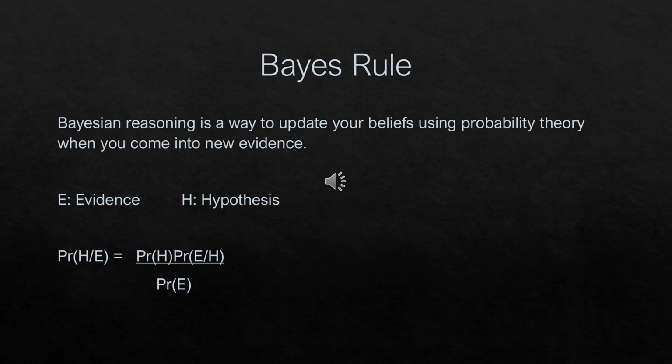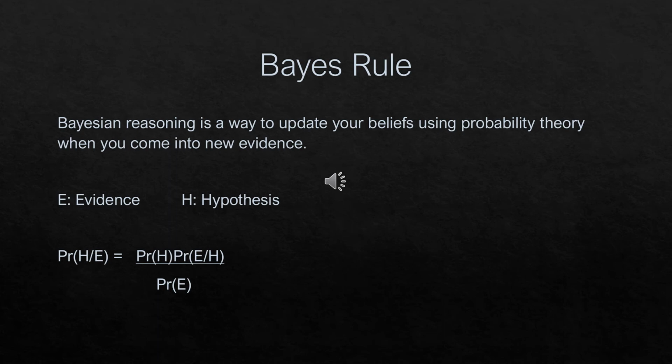So again, let me go through it. The new thing that you're looking for is the probability of your hypothesis, your theory of how the world works, given this new evidence that you've got. So you see some new evidence and you're like, oh man, does that change my beliefs about this theory that I have?